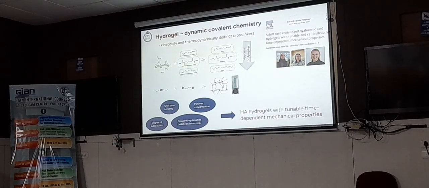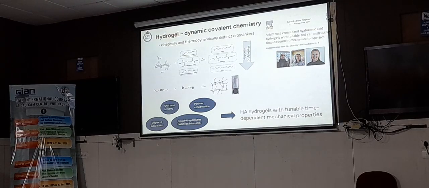So they looked into the different Schiff-base bonding, just based on the cross-linkers. They varied the polymer concentration, the degree of substitution, which means how much aldehyde functionalization we have. And they also looked into cross-linking densities, so the ratio between the aldehyde group on the hyaluronic acid and the amount of cross-linker.